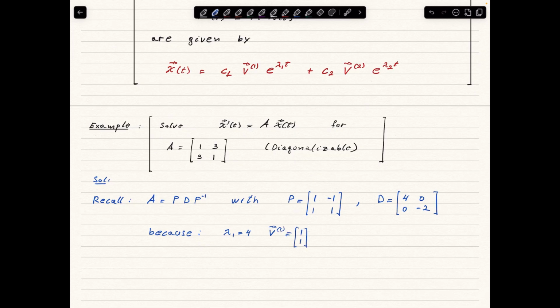That's why we have that column in matrix P. And lambda 2 is negative 2, and the corresponding eigenvector v2 is (negative 1, 1). And that's why we have the other column in matrix P.